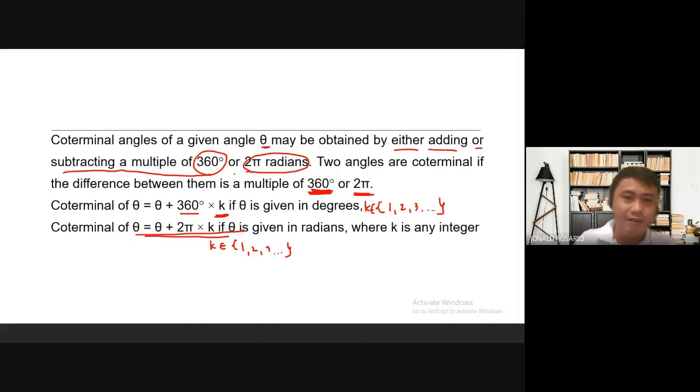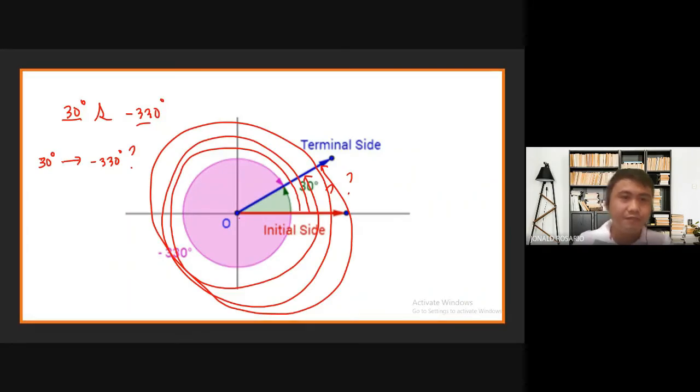Pero ang ibig sabihin lang naman yan, balikan natin si dito. Paano nakuha si negative 330? Kasi nga, nagma-minus lang tayo ng 360. So 30 minus 360, that's negative 330. Okay? Paano natin makukuha yung isang ikot? So we have isang ikot, tas extend natin. Parang plus 30 siya. So, dito nag-minus tayo. Kung gusto natin maging mag-positive tayo, kasi counterclockwise yan, mag-plus tayo ng isang ikot, which is 360.